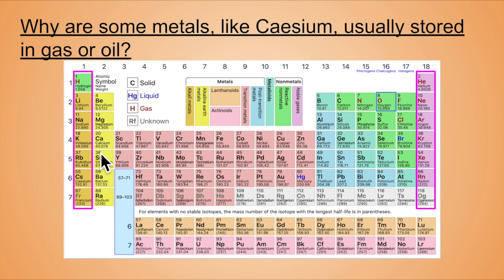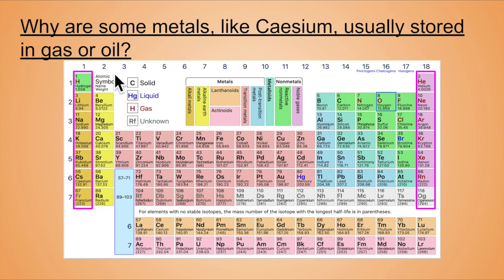That's essentially how a lot of these super reactive metals, like alkali and alkaline earth metals, are stored, because they can react with elements in the air or in water, since there's water vapor in the air too. They store them either submerged in oil, or in containers of gas. Like cesium, this super reactive one, is stored in containers of argon gas.